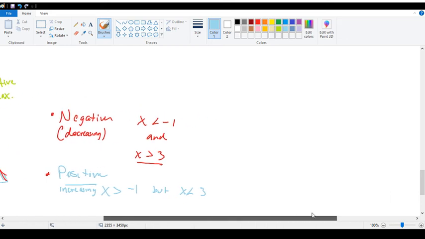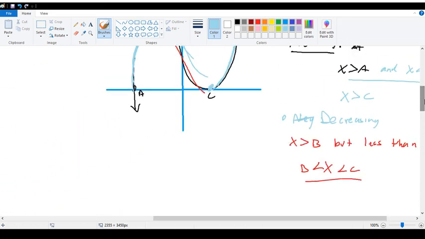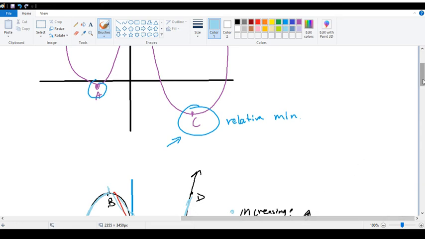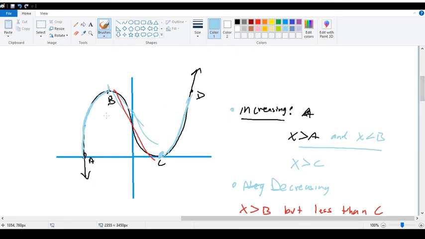All right, hopefully that makes sense. So this one here has a relative maximum, and this one here has a relative minimum.